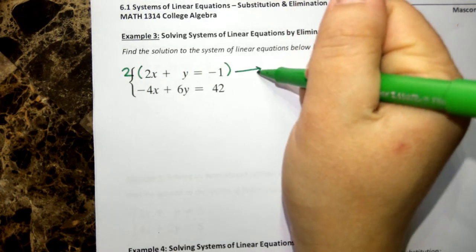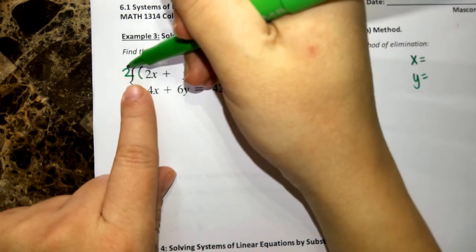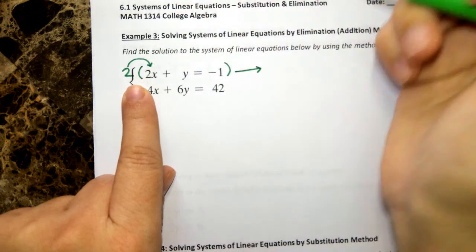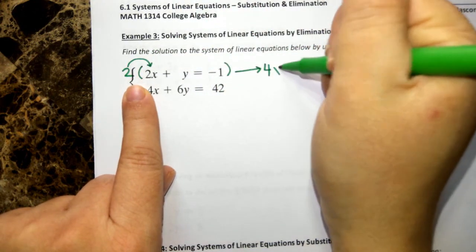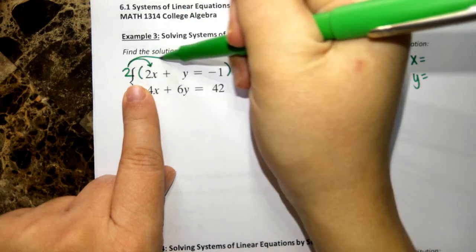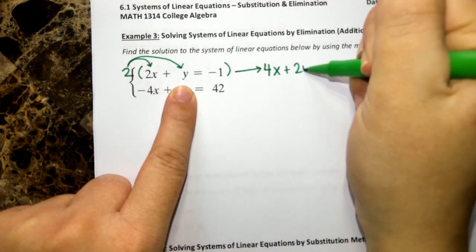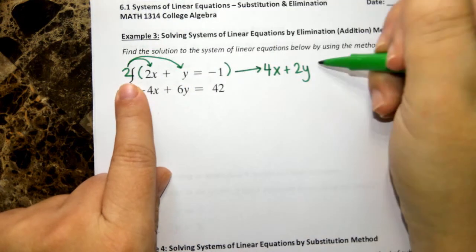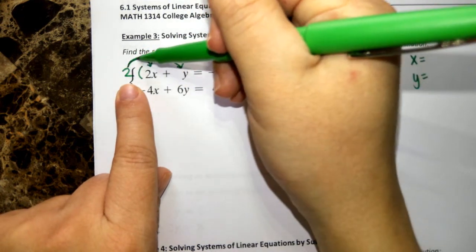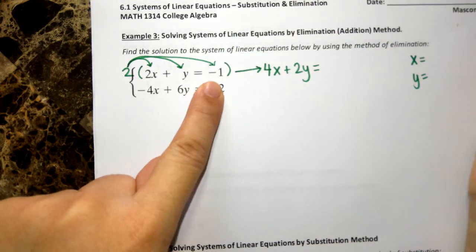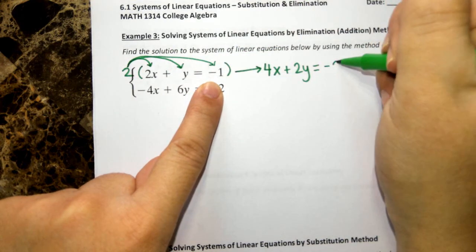So what I'm going to have now is 2, and I have to multiply it by everything, times 2x, and that gives me 4x. Then I'm going to multiply 2 times +y, which is just +2y. And then a lot of people forget to do this step, but also multiply the 2 by the constant. So 2 times -1 is -2.